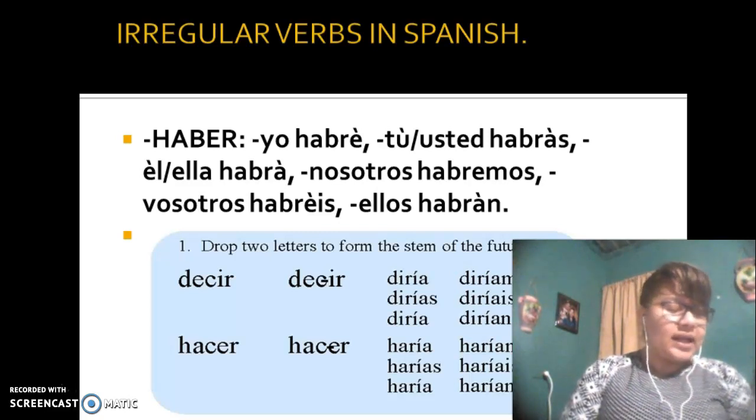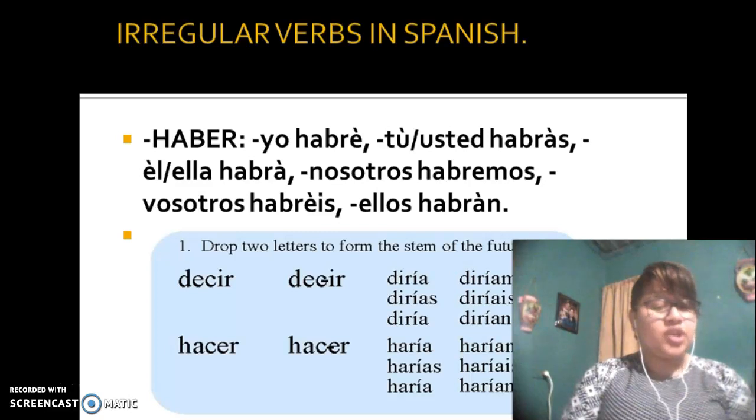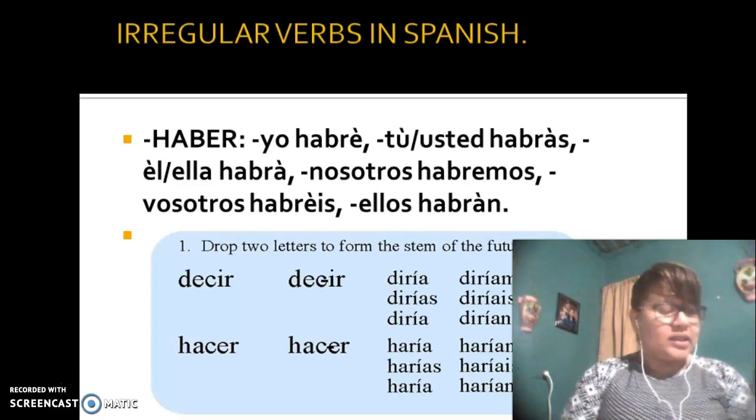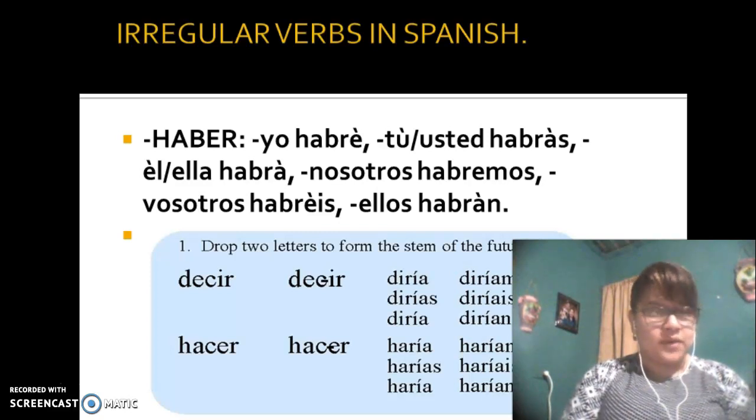In verbs like decir, we will change their stem from dec, D-E-C, to dir, D-I-R. Others like tener will change their stem from ten, T-E-N, to tend, T-E-N-D. The rest just follows the rule we use for regular verbs.